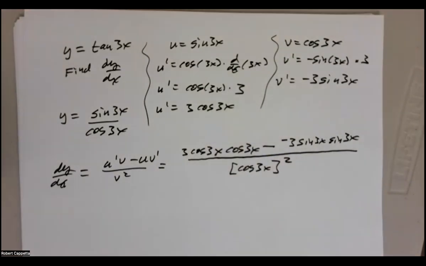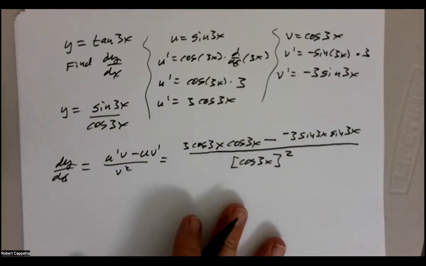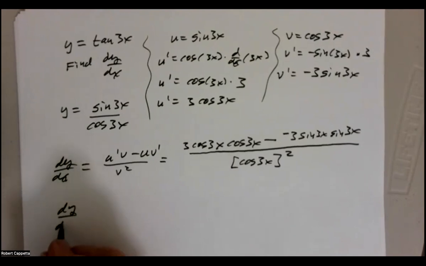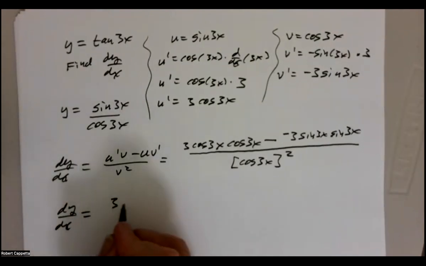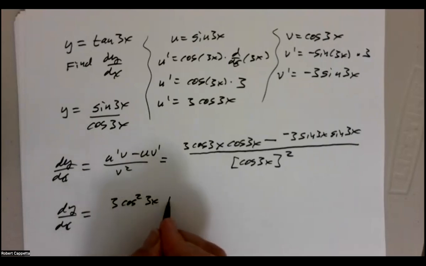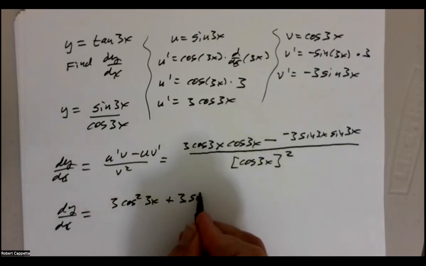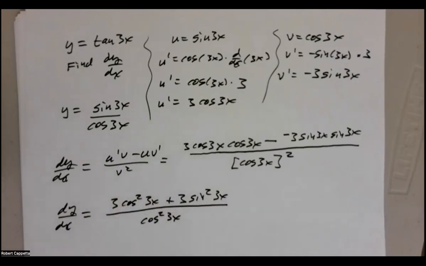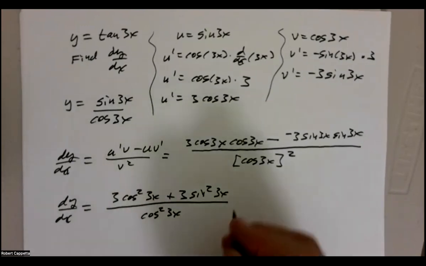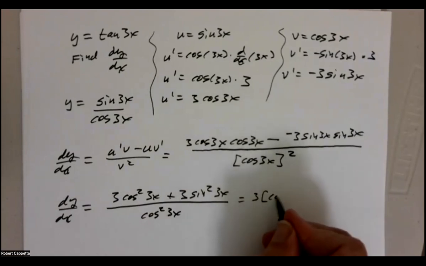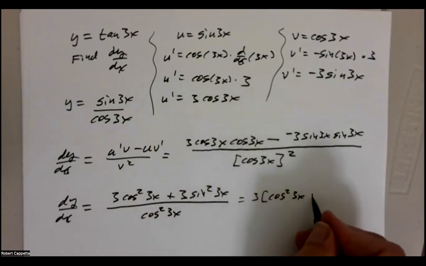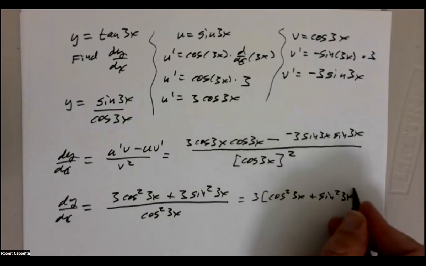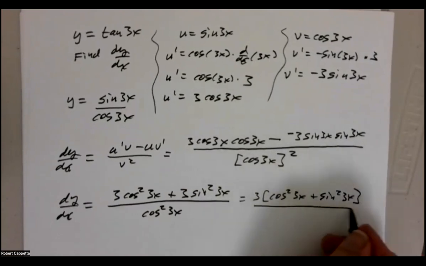So this is where your trigonometry skills come in handy. How are we going to rewrite this and simplify it using the identities that we know? Dy dx is 3 cos squared 3x plus 3 sine squared 3x over cos squared 3x. Factoring out the 3 upstairs, I get 3 times cos squared 3x plus sine squared 3x over cos squared 3x.